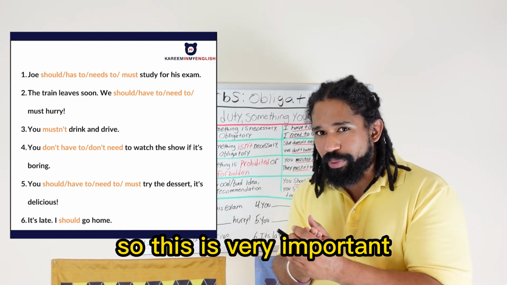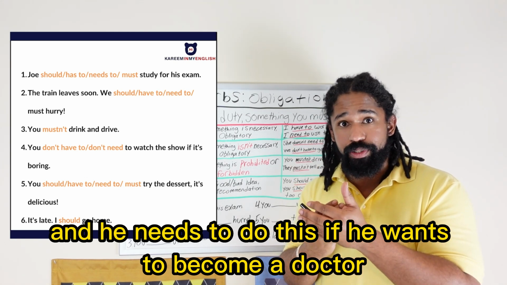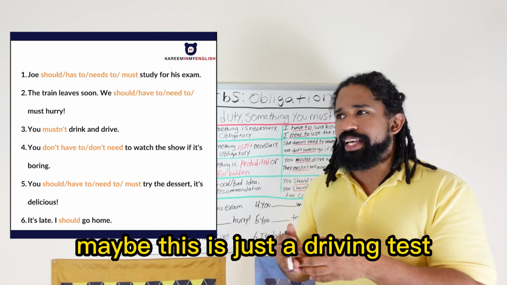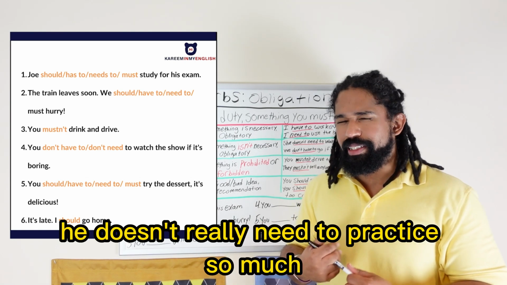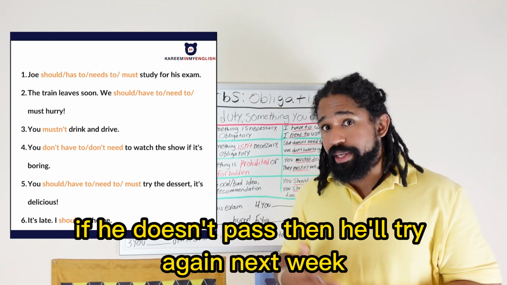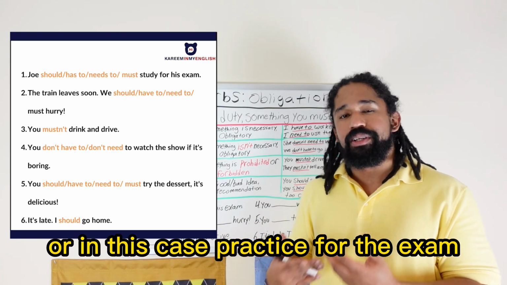So this is very important, and he needs to do this if he wants to become a doctor. You can say should, for example, maybe this is just a driving test. He doesn't really need to practice so much. If he doesn't pass, then he'll try again next week. So he should study, or in this case, practice for the exam.